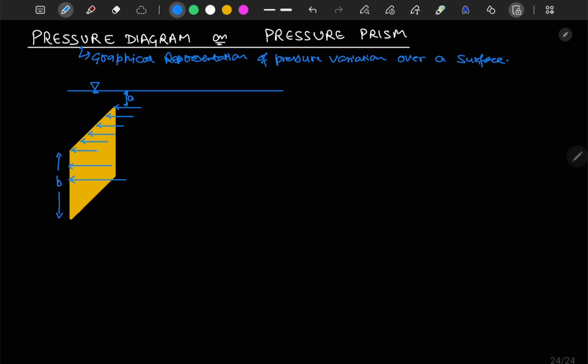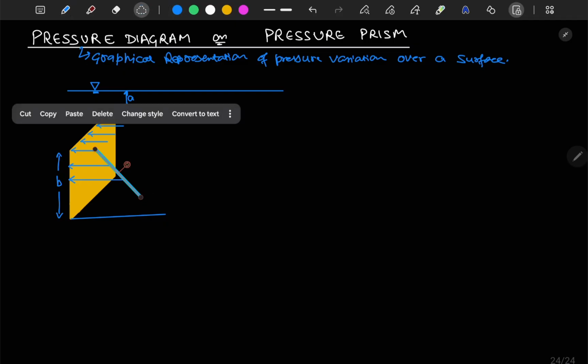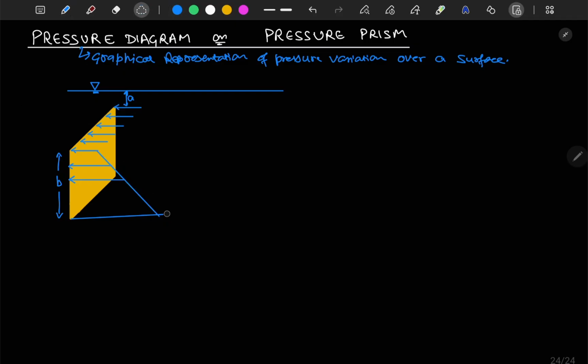Let me draw a line first here. So this is your pressure prism here, like pressure variation on the vertical line. This is your pressure variation on the horizontal line, on the top line.